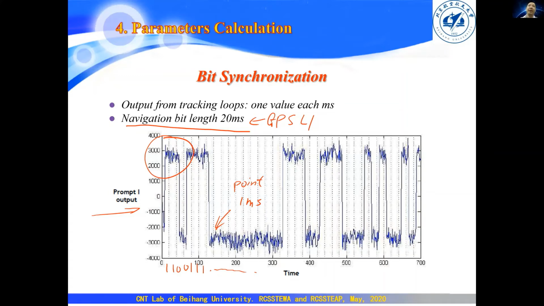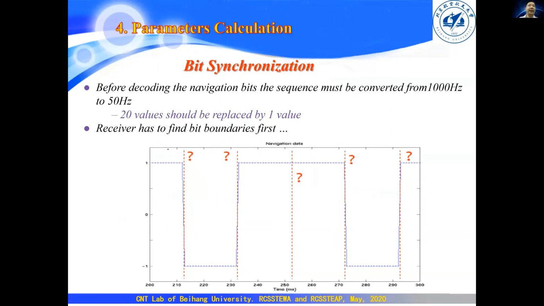Step by step. When you get the data from the satellite, you will get it in this form. So we need to guess the boundary of where the data begins. The easiest way is to use the transition. That means the data goes from positive to negative, or maybe from negative to positive.